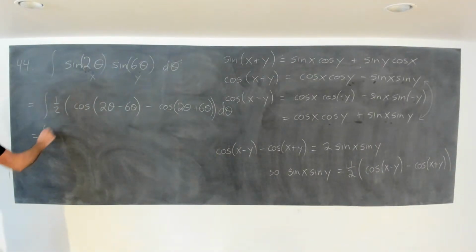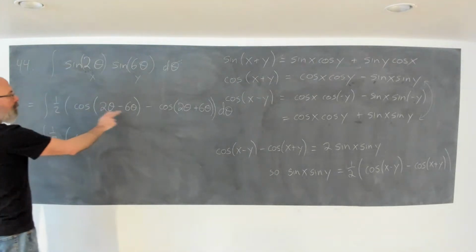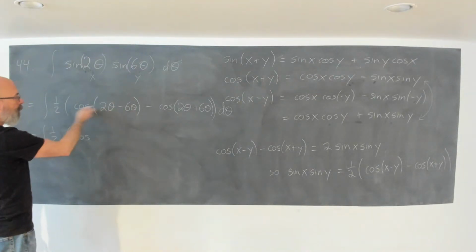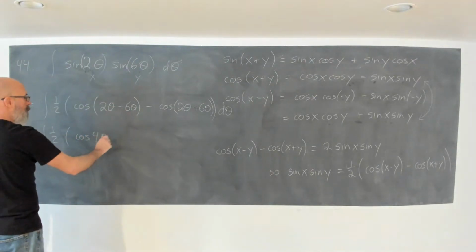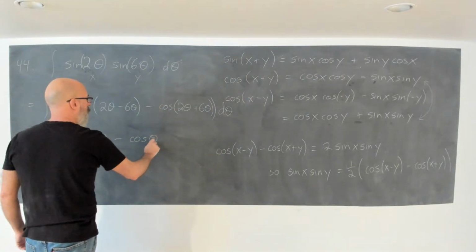Or, if you prefer, 1/2. This is cosine of minus 4 theta, but cosine is even, so this is cosine of 4 theta minus cosine of 8 theta.